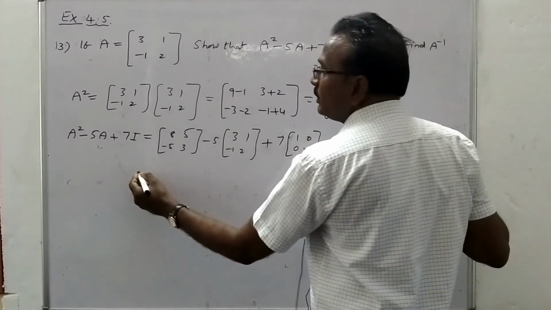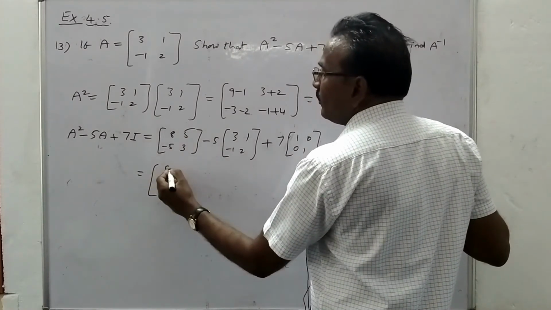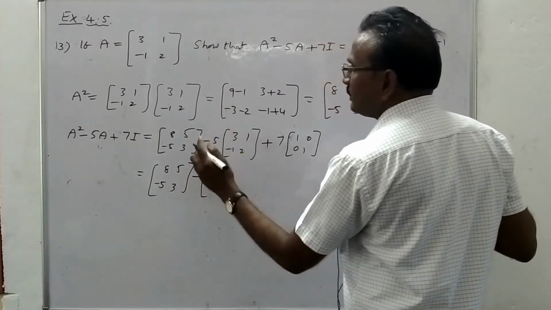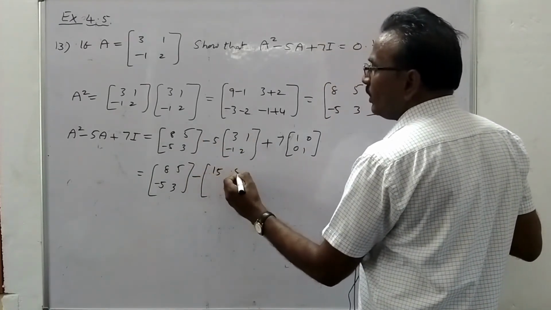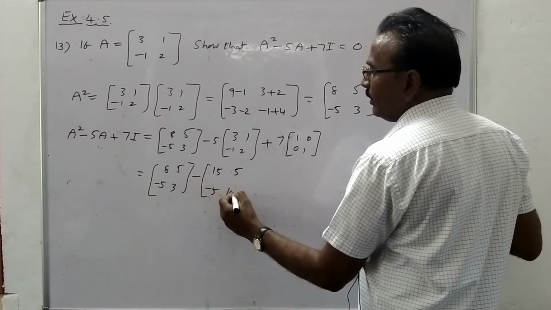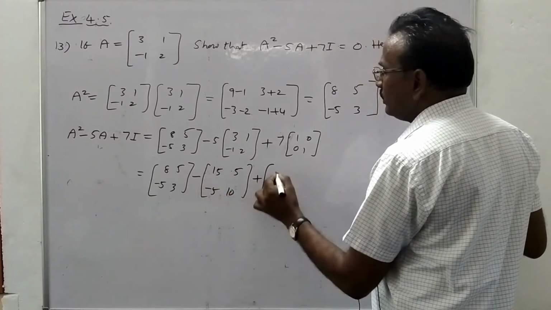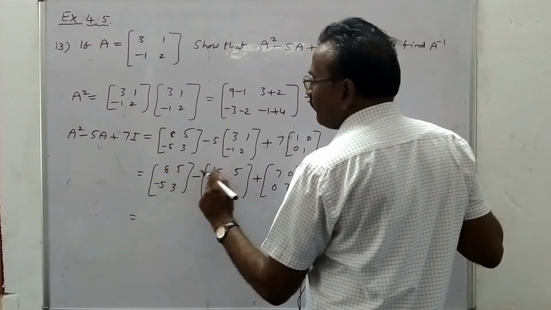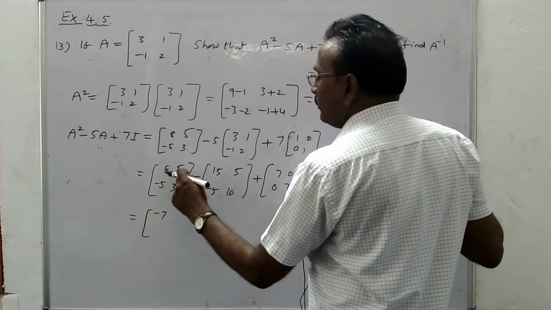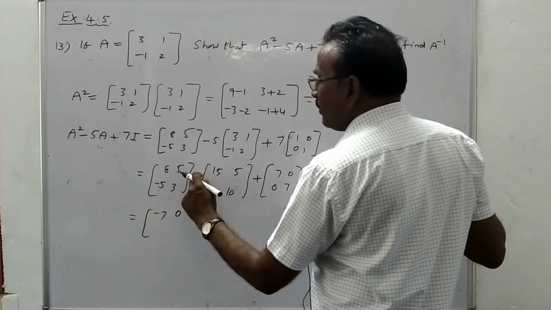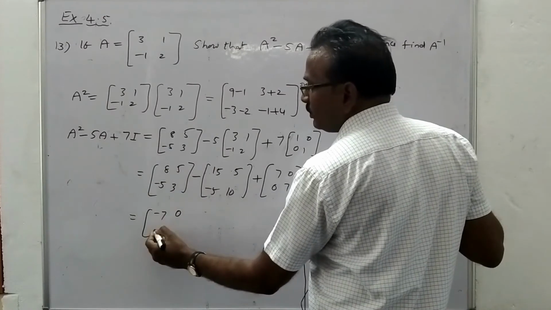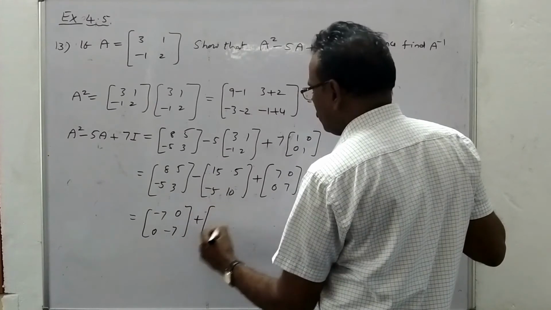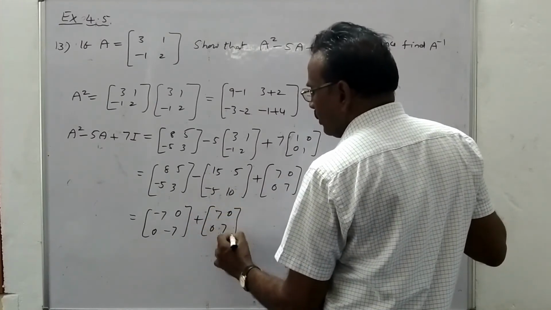Multiply every element by 5: 5 3s are 15, 5, minus 5, 10, and by 7: 7 0 0 7. That is 8 minus 15 minus 7, 5 minus 5 is 0, minus 5 plus 5 is 0, 3 minus 10 is minus 7.